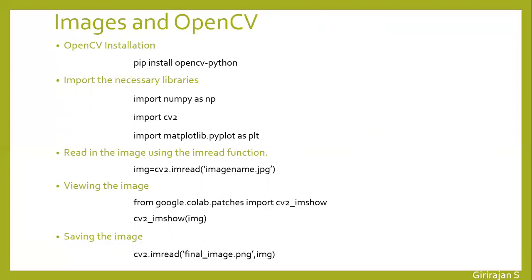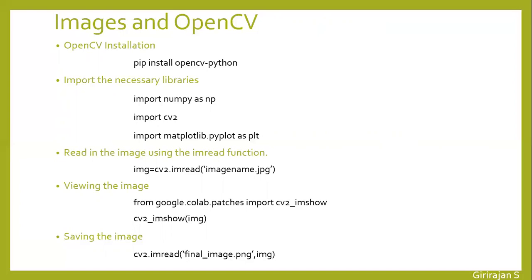Okay, so then to read the image, we'll be using the imread function, and in the brackets we need to mention the image name along with the extension. I'm going to use Google Colab. Colaboratory is a Google product. Anyone with a Gmail account can use this feature, and Google Colaboratory won't support imshow directly.